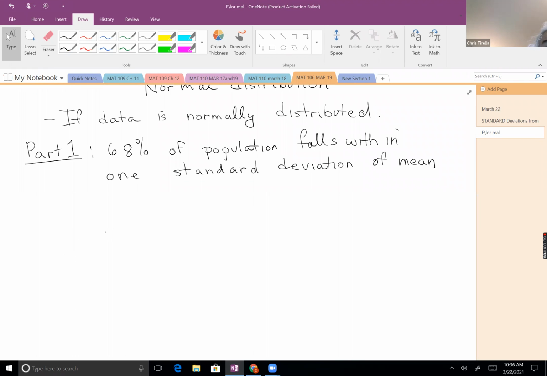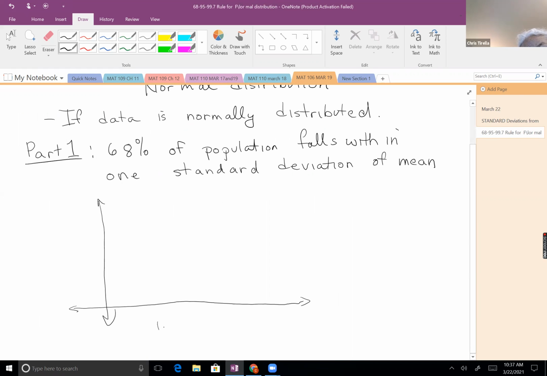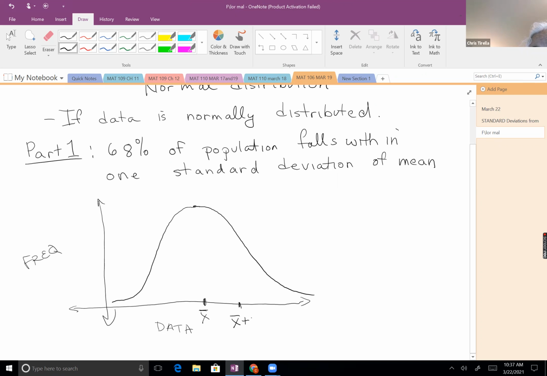So what does that mean, within one standard deviation of the mean? Well, we're approximately normal, so we're going to have this bell curve. My mean's going to be in the middle. We're normal, so that's the highest point, and it goes down symmetrically from there. Within one standard deviation of the mean means I can go one standard deviation above the mean.